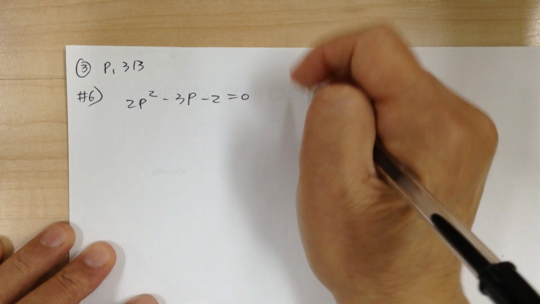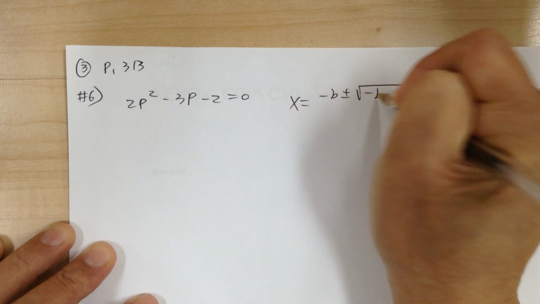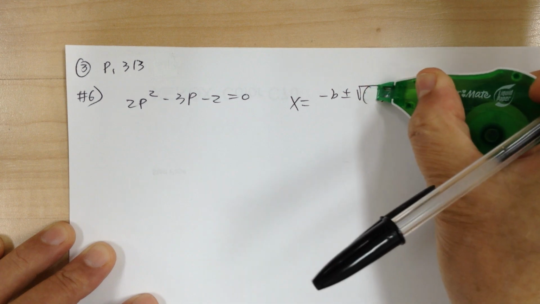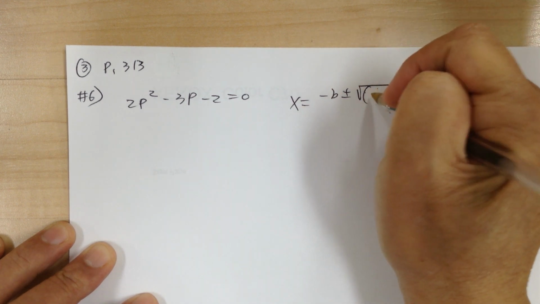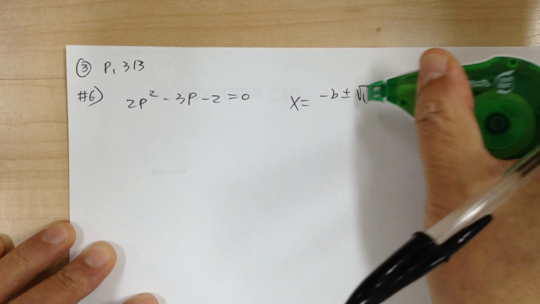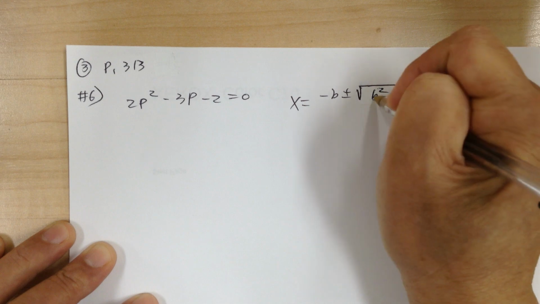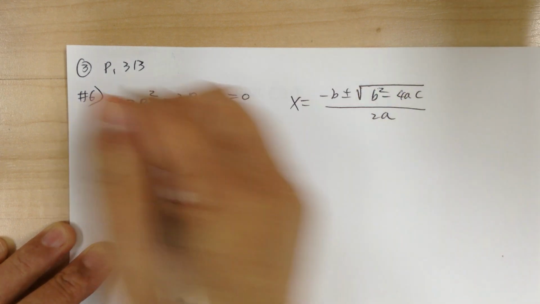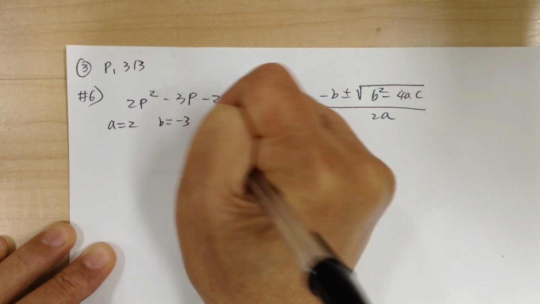So the quadratic formula is x equal to negative b plus or minus square root of b squared minus 4ac over 2a. So a equal to 2, b equal to negative 3, c equal to negative 2.